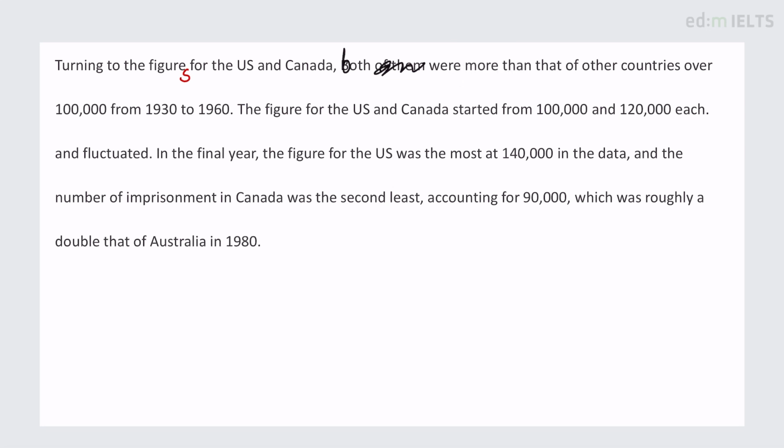It's getting a bit awkward here. I guess the student's running out of time. Not more than, higher than those of other countries. As we said before, for the two North American countries, they were the highest in each of the 6 years for which data are provided. So we're consistently, oops, my apologies. Both were consistently the highest.